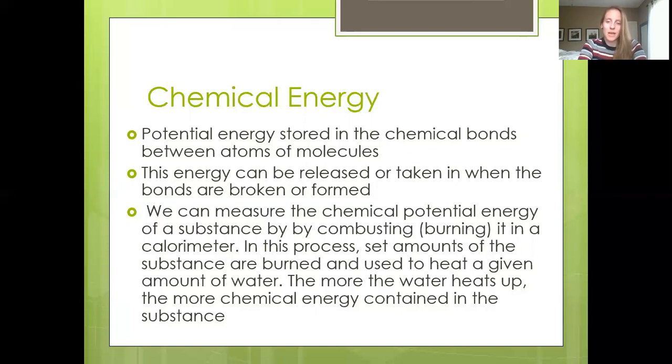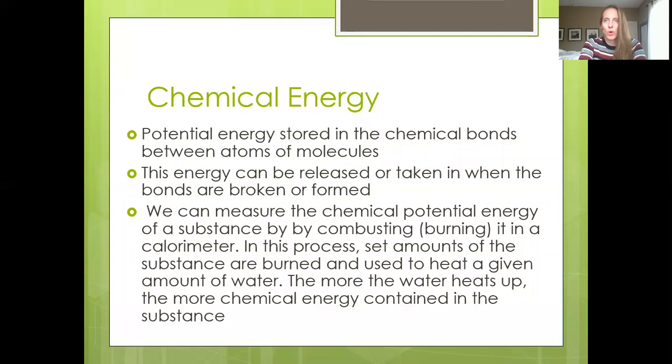We can measure the chemical potential energy of a substance by combusting it in a calorimeter. So essentially you just burn it and see how much energy that releases.